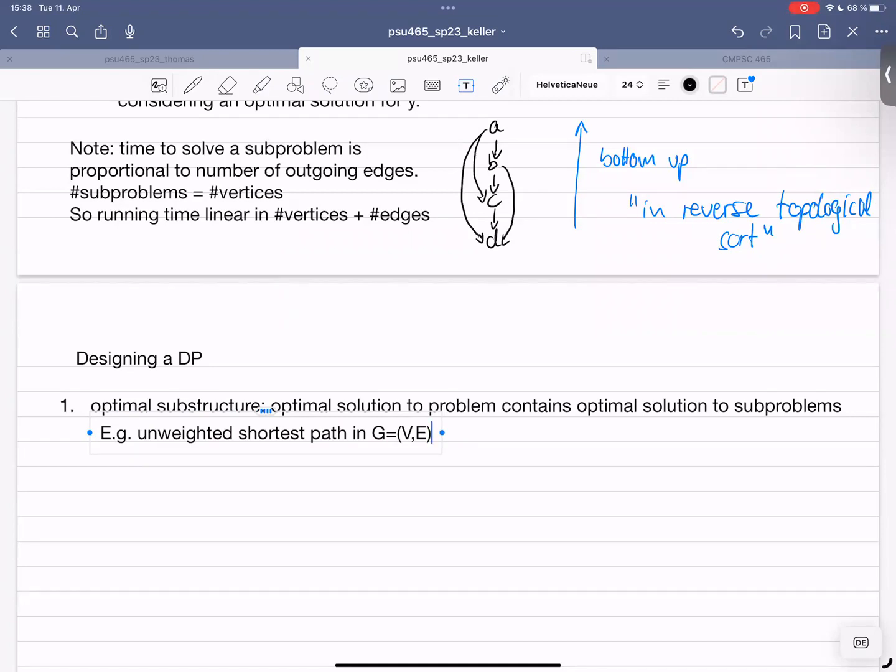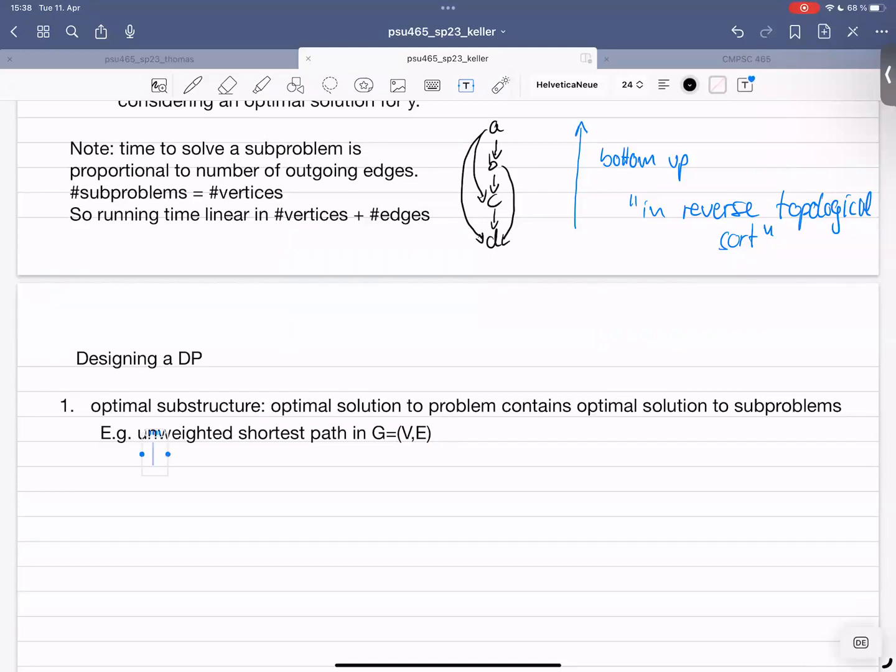So the shortest path will be simple. Does this have optimal substructure or not? What is your guess? I actually shouldn't guess. I think you should know by now, because you probably talked about or learned Dijkstra. So shortest path clearly has optimal substructure.